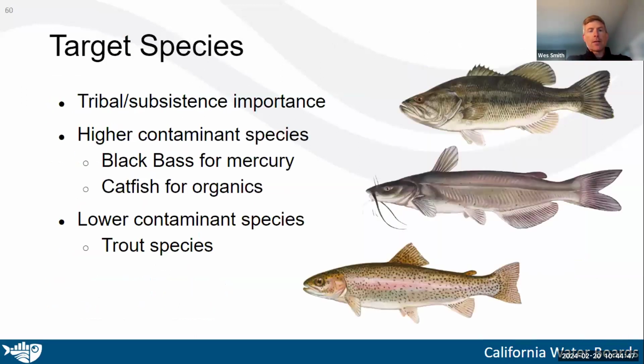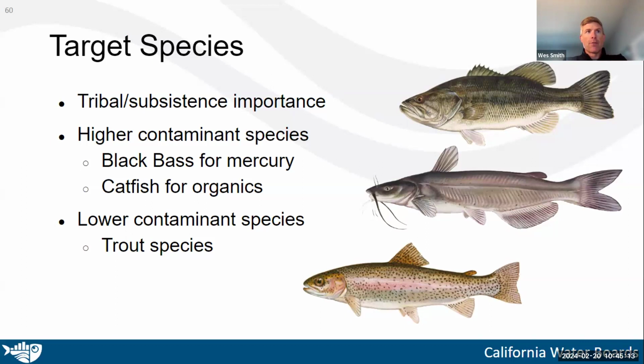For target species, these are very generic, high-level suggestions for new water bodies, and we would definitely recommend that people wanting to sample at specific water bodies look at species that are of interest to them.